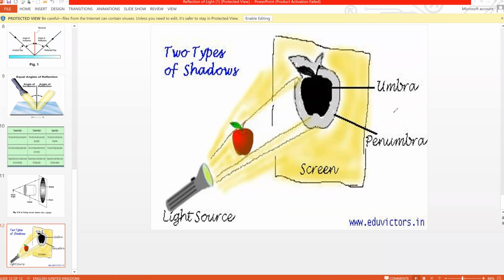The light rays which reach the object are stopped, while those rays which pass by the edges continue on their path.